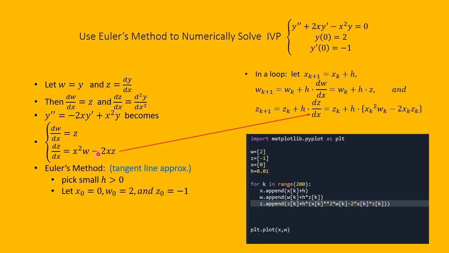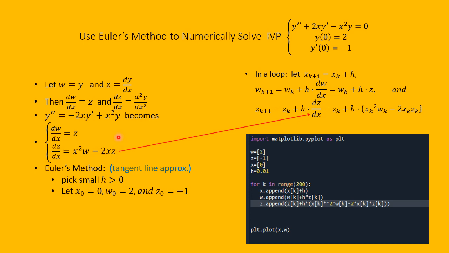Then I have minus 2xz, but z was y prime. So 2xz is 2x y prime. There's a minus sign here, minus sign there too. So what happened is this equation right here is just basically the second derivative of y with respect to x equals x squared y minus 2x y prime.